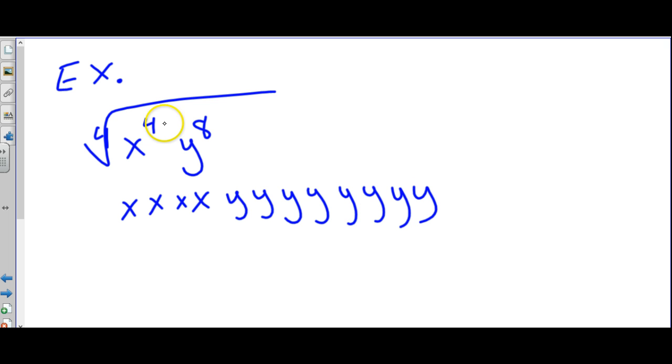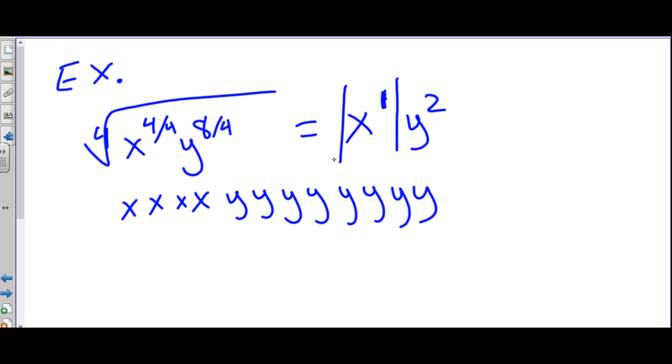Or I can just divide by the index for my variables. So this would give me x to the 1st, y to the 2nd. X is the only one that came out with an odd power, so it's the only one that needs the absolute value bars. So that concludes our discussion on roots and radical expressions.